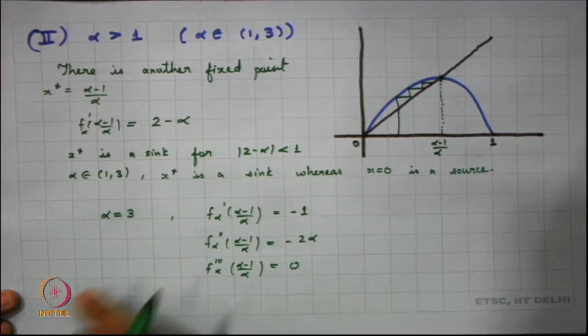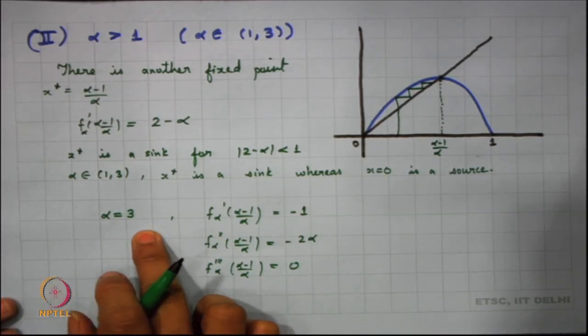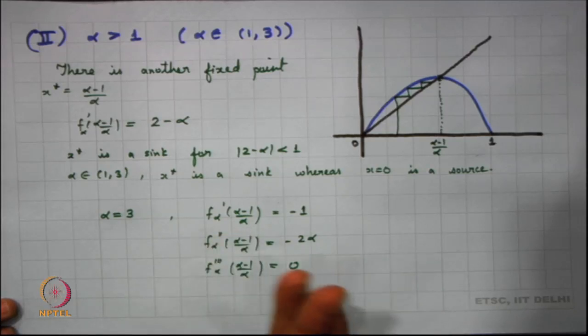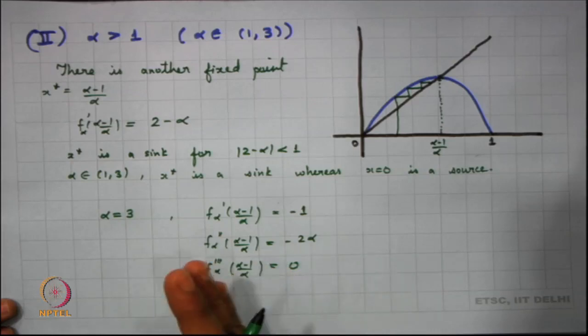So, we find that when alpha is equal to 3, this fixed point x star is a non-hyperbolic fixed point, but for this non-hyperbolic fixed point we find the derivative to be equal to minus 1.